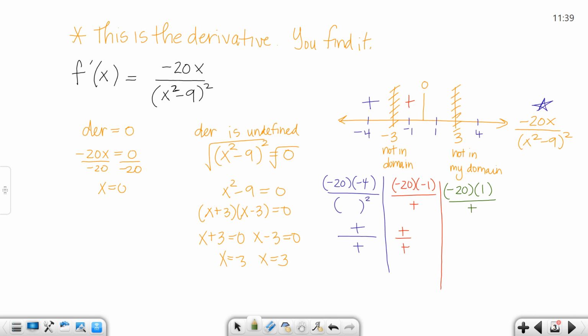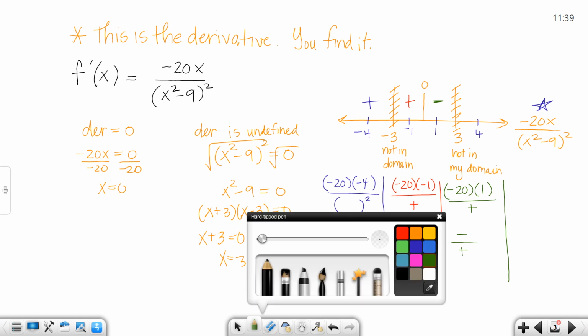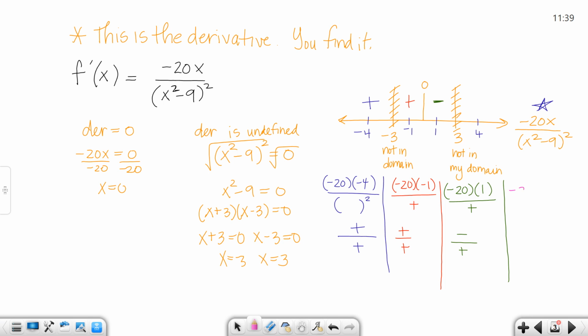My denominator is always positive since it's squared. So that's a -20 over a positive, and a negative divided by a positive gives me a negative result. Looking at the last one, the number 4, you could say -20 times 4 over something squared. So that's a -80 over a positive result, and a negative divided by a positive would be a negative result.